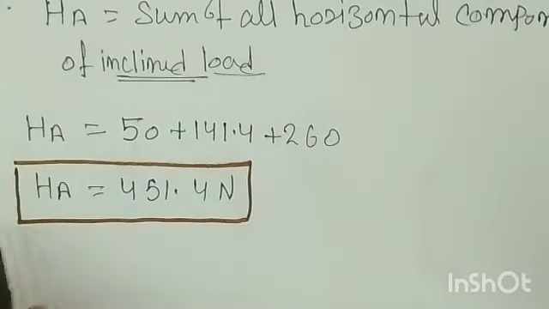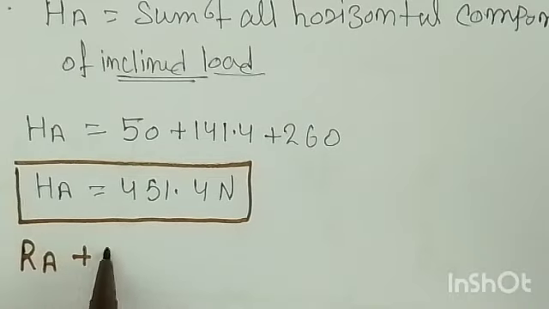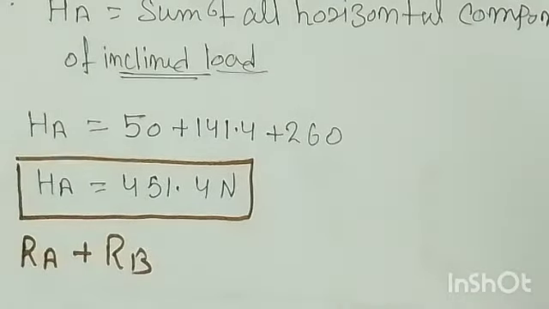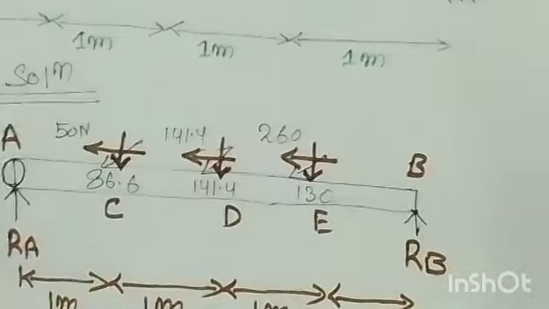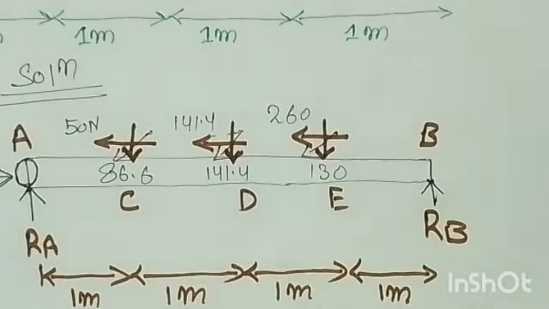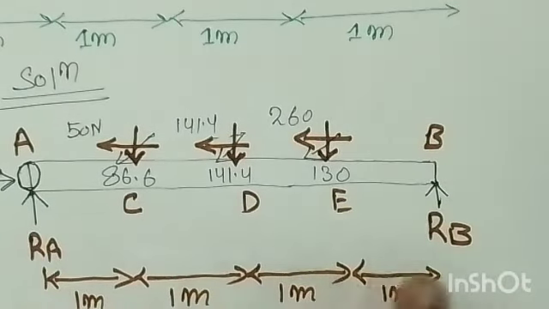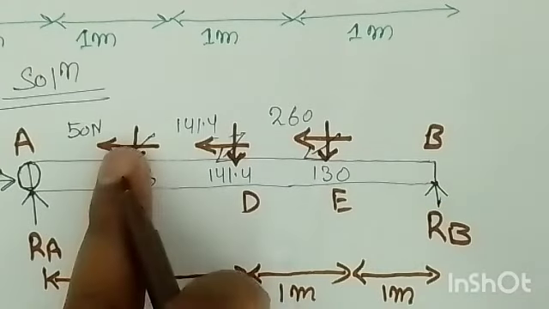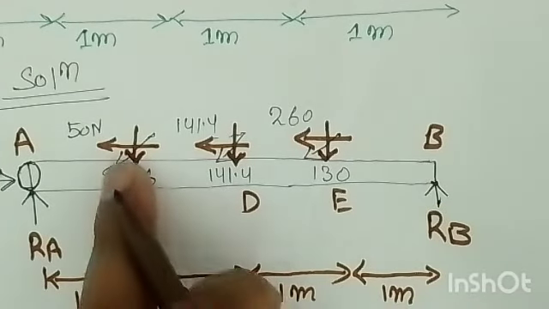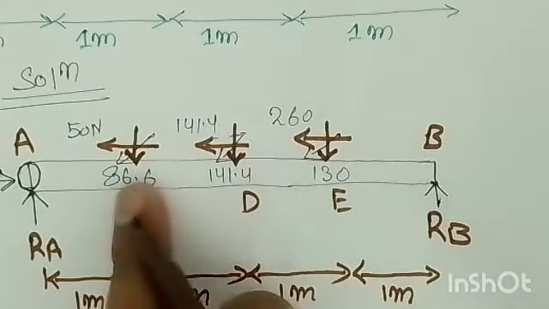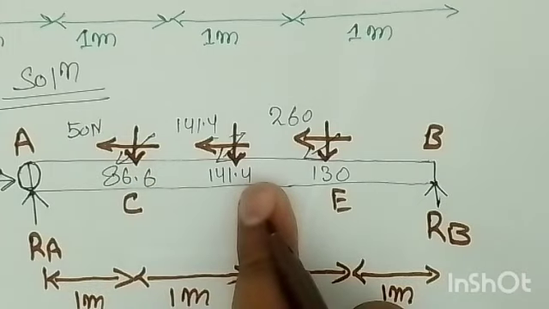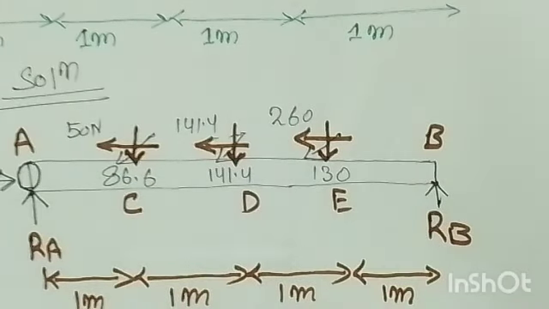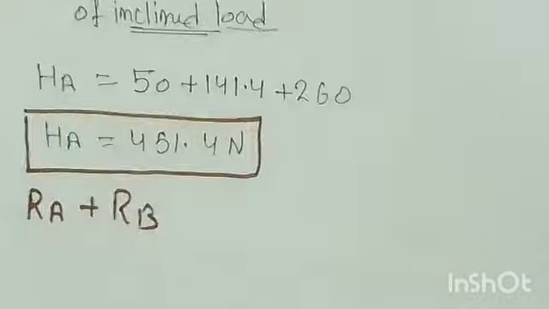So you can say RA plus RB is equal to what? If you remember, RA is acting upward, RB is also acting upward. So these two forces are balanced by the sum of these three vertical forces, means 86.6 plus 141.4 plus 130.